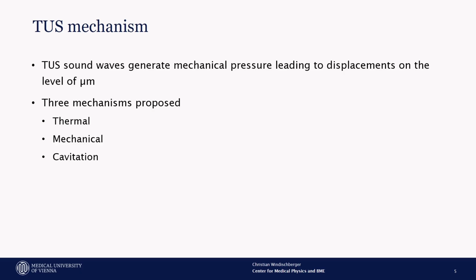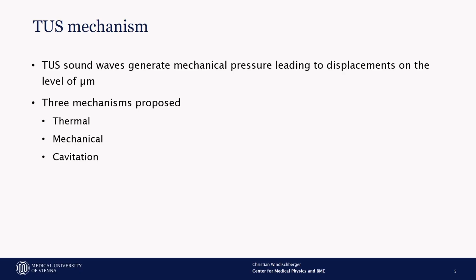The main mechanism we're using in low-intensity focused ultrasound are mechanical changes. The exact mechanism is not really clear, but because of the displacement that occurs from the ultrasound, the membranes are changing, membrane functionality changes. We have some gating effects in the membranes, and these cause the modulatory effects.